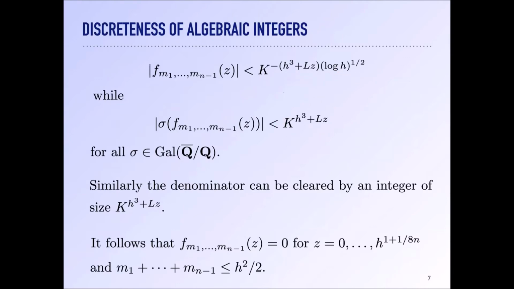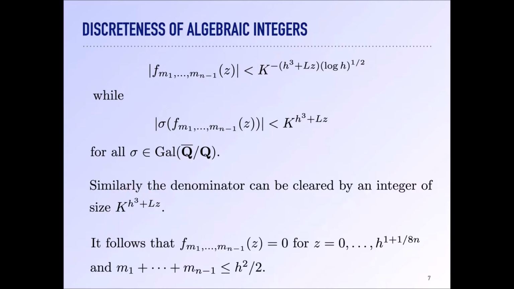So when you multiply them all together to take the norm, you can make the product less than 1. Furthermore, if you go back and check, these are algebraic numbers, not necessarily algebraic integers, but the denominator can be cleared by an integer also of this size. So it's not hard to go back and check.